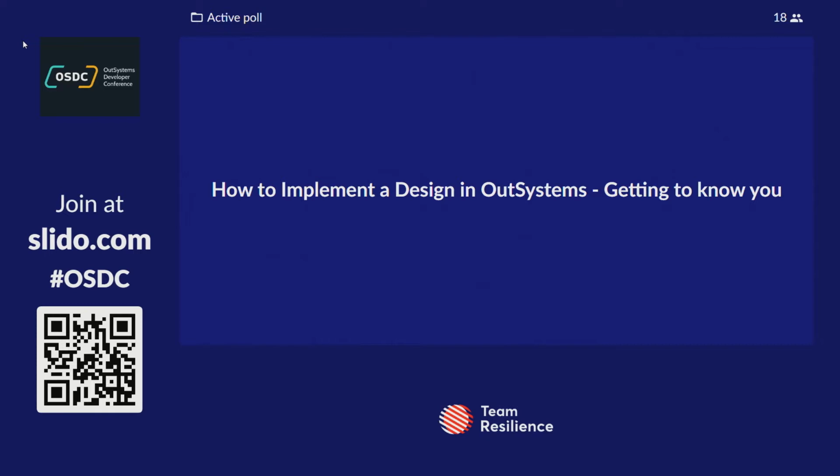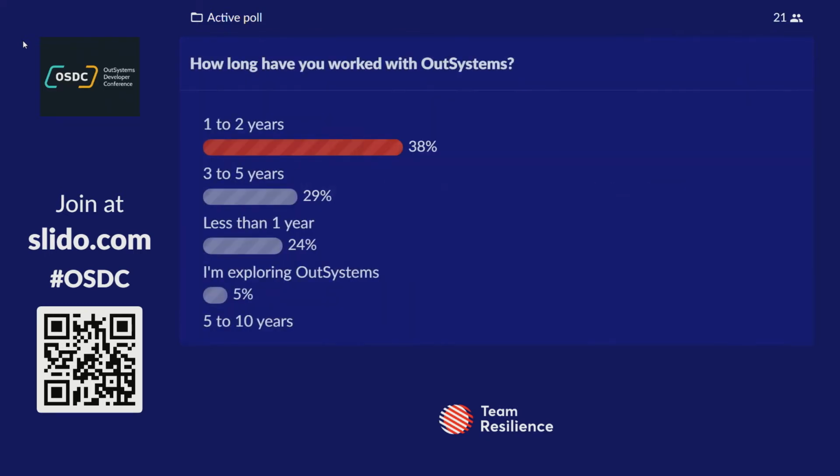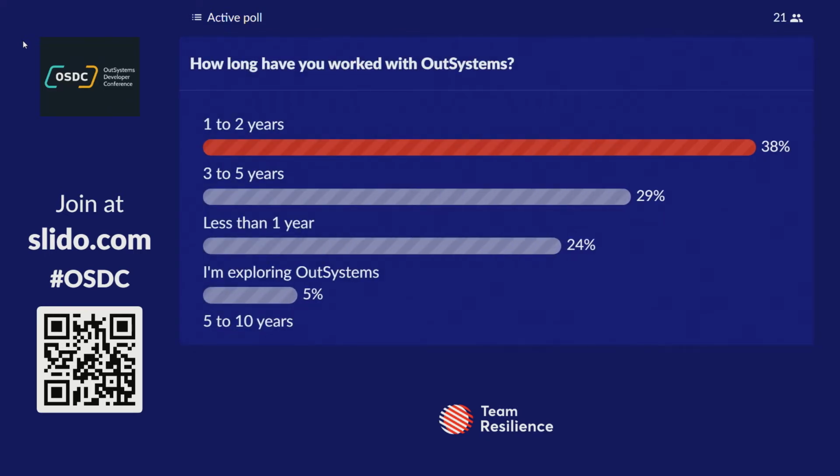All right, so enough about me. Let's learn a little bit more about you guys. Just seeing who you are, I see at least 20 people in our session, so welcome all. I see a very big group of people that are here for about 1 or 2 years. So the majority of you are relatively new to OutSystems.